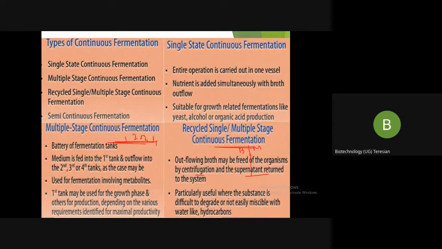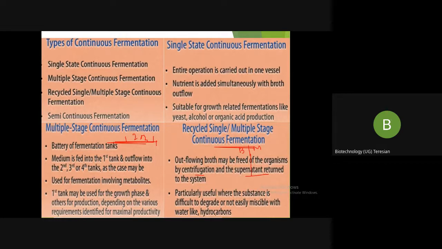Now, it is particularly useful where the substance is difficult to degrade or not easily miscible with water, like hydrocarbons. So the supernatant I got, I returned back to the system. System means your fermenter. It is not properly able to degrade the substances because they are not easily miscible, because we would have added certain solvents which are immiscible with each other, for example, water and hydrocarbons.